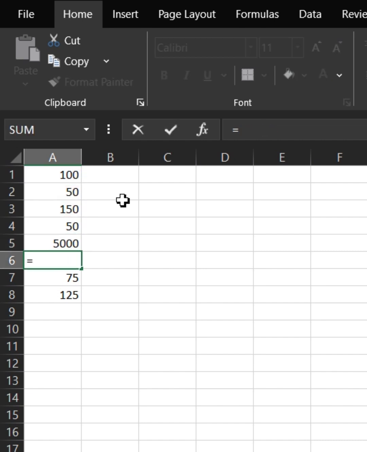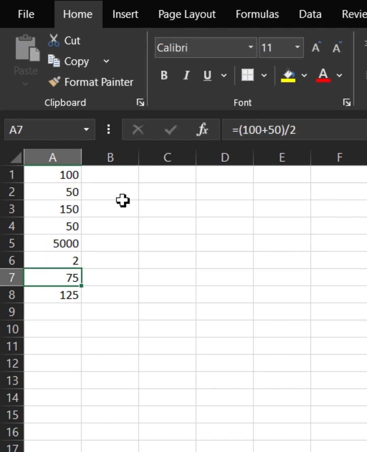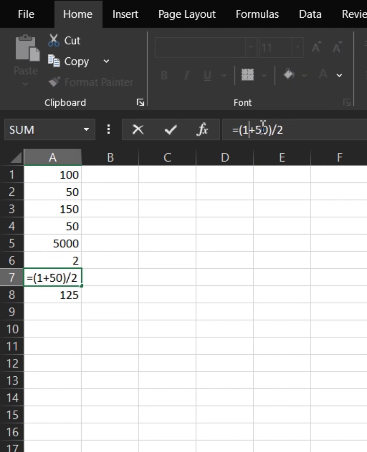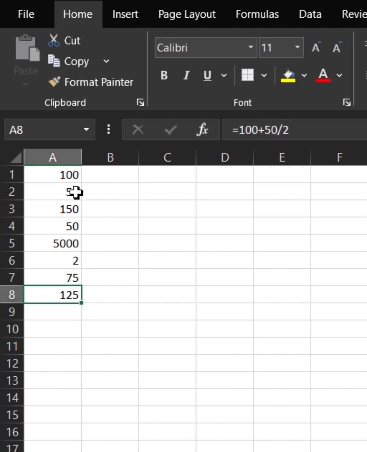So let me just quickly fill it up. Of course, you can always go to the formula bar. Sometimes it's easier instead of repeating the whole operation. This one I think I can leave it aside now, since it's obviously wrong. Okay, I can't say it was wrong, but not what I wanted.